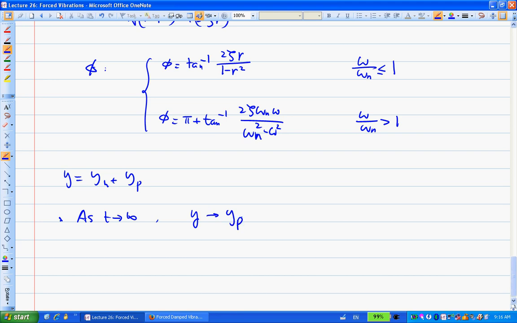So for forced vibration with damping in the system, your y will eventually become yp. This yh term, for this particular physical system, we call the transient response.